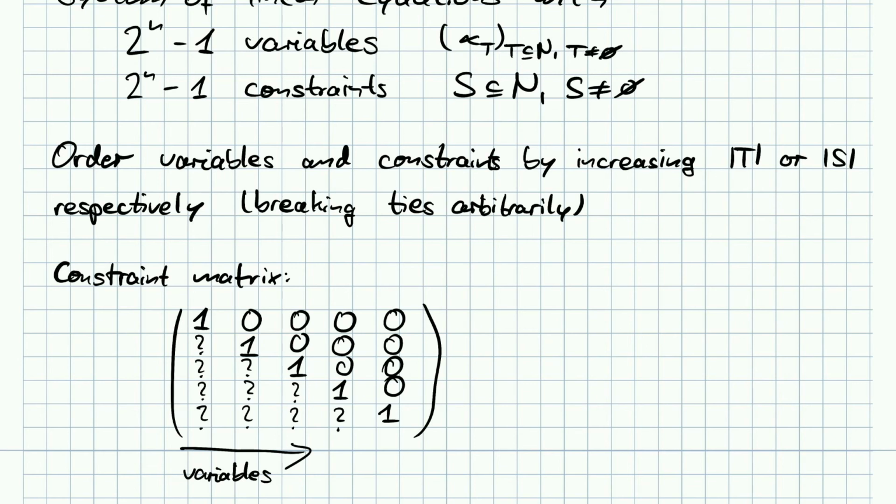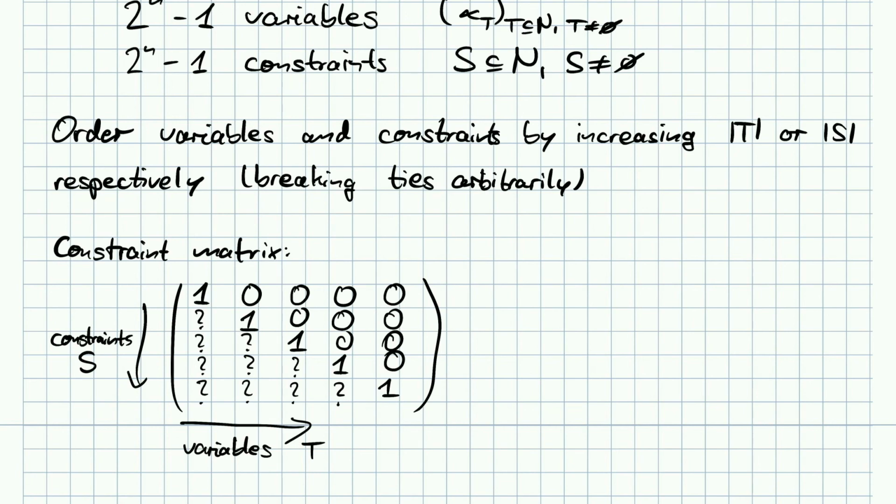And so we have them now for, this will be the increasing T. And here we'll have the constraints. And this will be about the sets S. Now what does this first line here say?